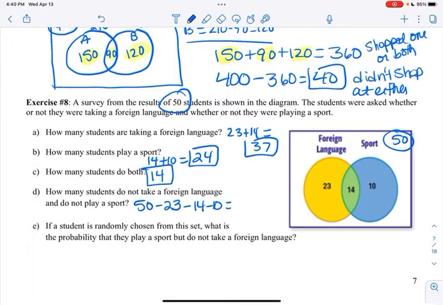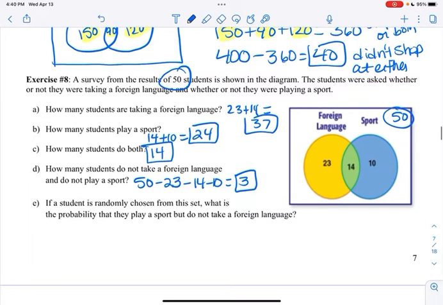If you do that in your calculator, there's 3 people that do not do anything. If a student is randomly chosen from the set, what is the probability that they play a sport but they do not take a foreign language? Well, play a sport, so this is a sport only. There's 10 people out of 50, and that reduces to 1 out of 5. Okay?